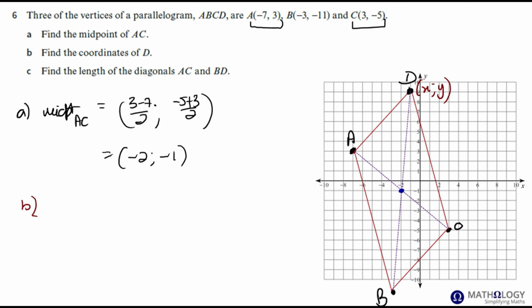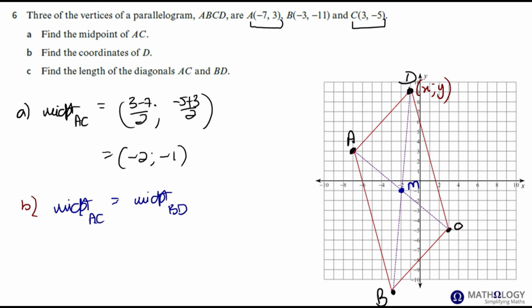So the midpoint of AC, we'll call that M, is the same point as the midpoint of BD. So we know the coordinates of A and C and B, and we're trying to find the coordinates of D. So the midpoint of AC is the same point as the midpoint of BD.